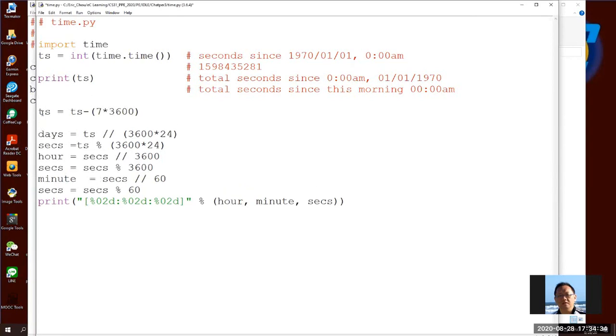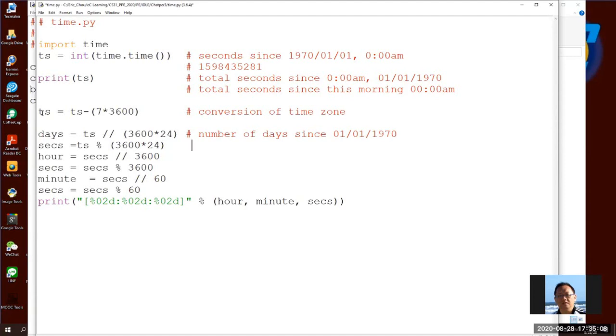So here we have the first one. This one is to do conversion of time zone, okay? And here this one actually is the number of days since 01/01/1970, okay?